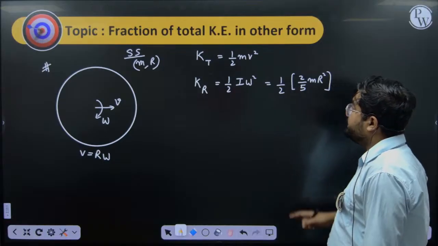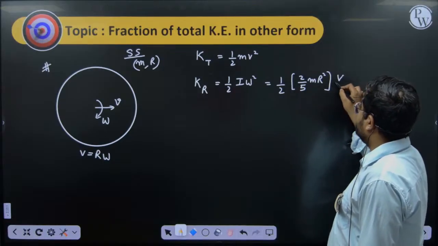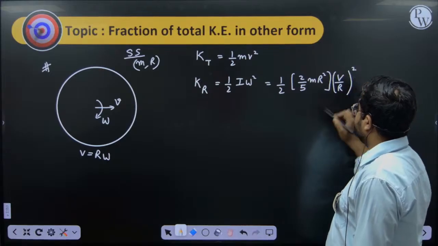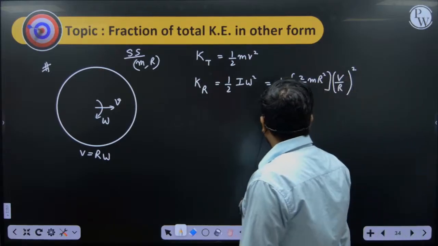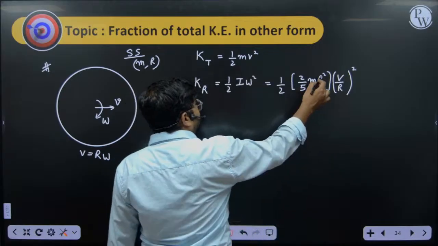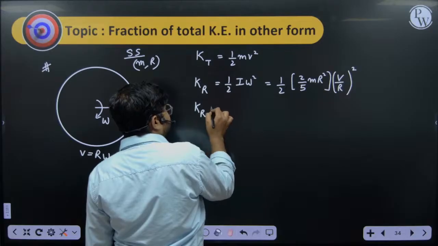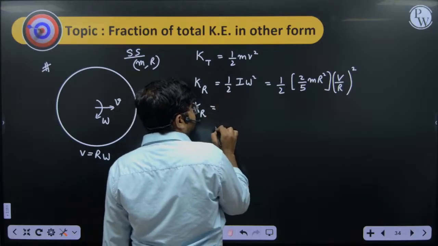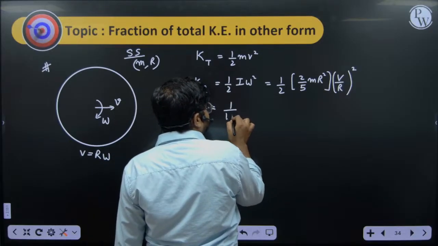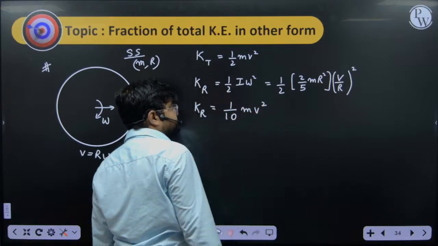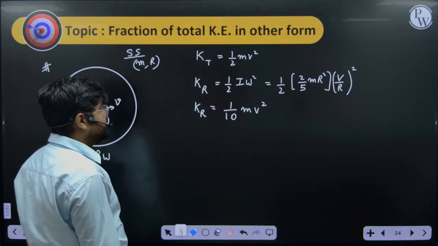And omega can be written as v by r, so omega square is v by r whole square. If you see here, the r square gets cancelled and we get the rotational kinetic energy as simply 1 by 10 mv square.